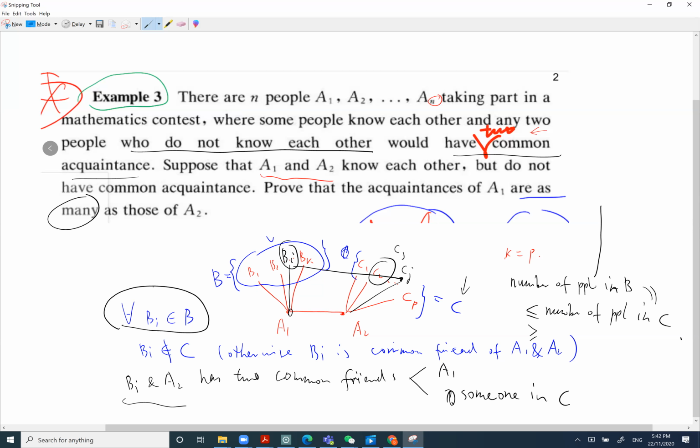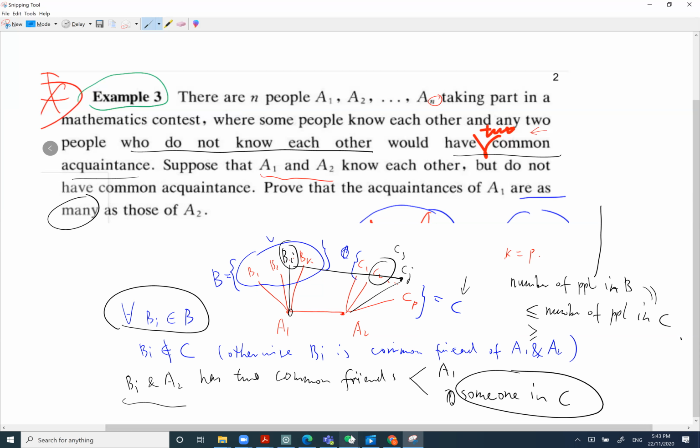Any BI, you can find someone in C. The other B2, you can also find another C. That's why they have as many as. Okay, yeah, that's the idea.